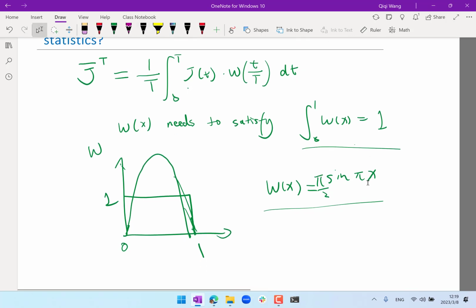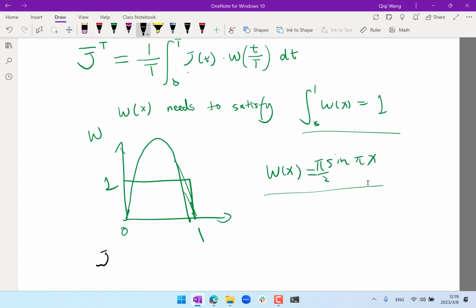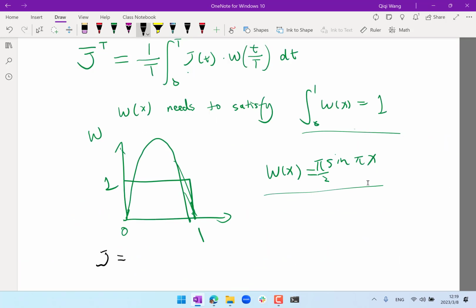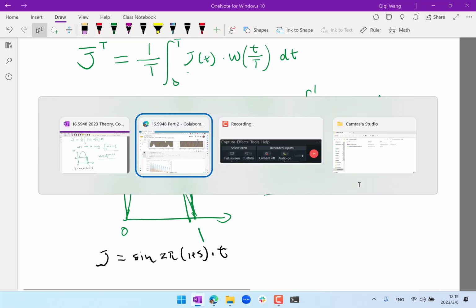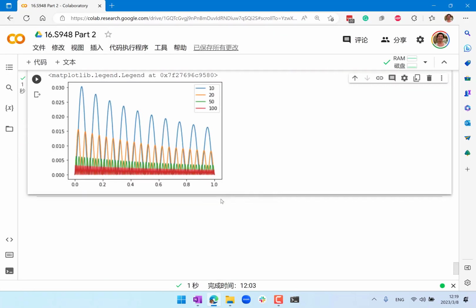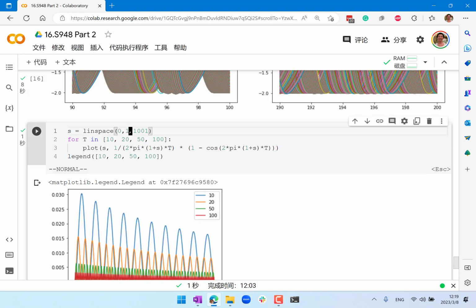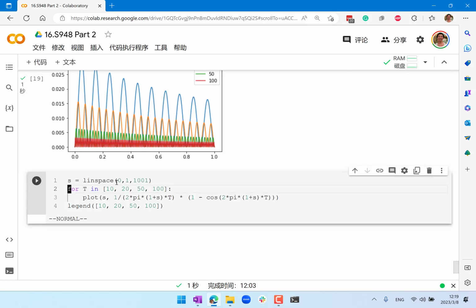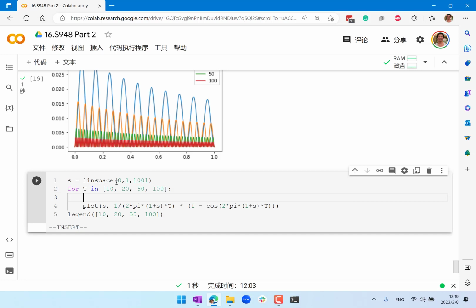Remember, our artificially made up problem has J equal to, what was it, sine of 2 pi times (1 plus s) times t. Let's go back to here and copy the same thing, and first make sure that we are able to reproduce the same oscillatory behavior when we are using a square window, basically not windowing.